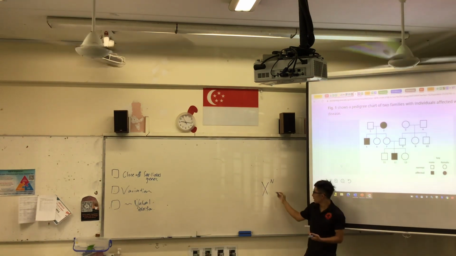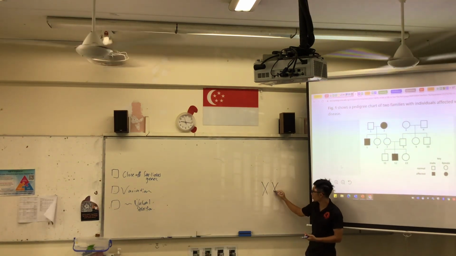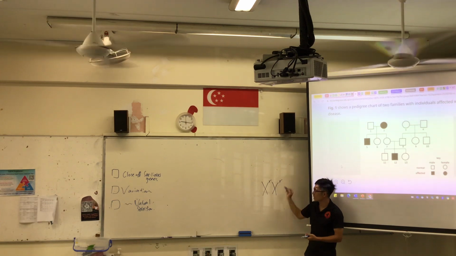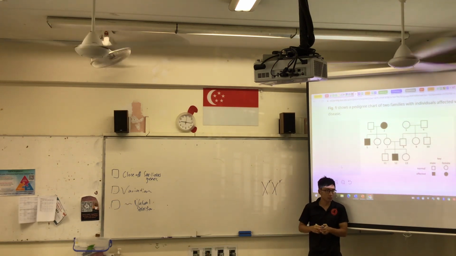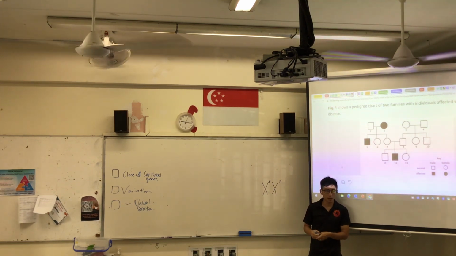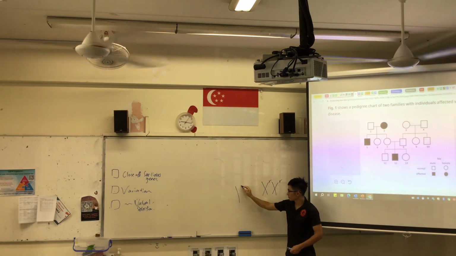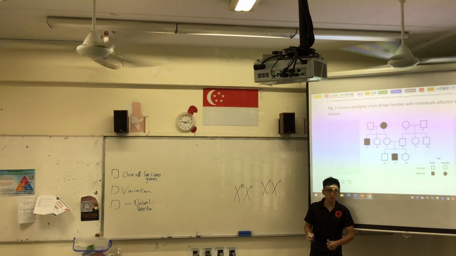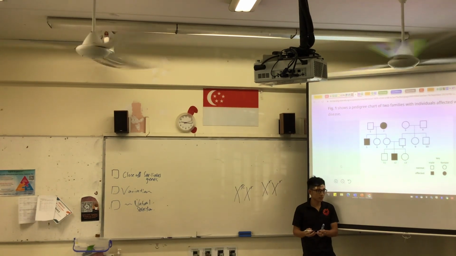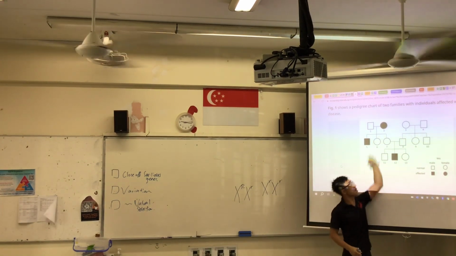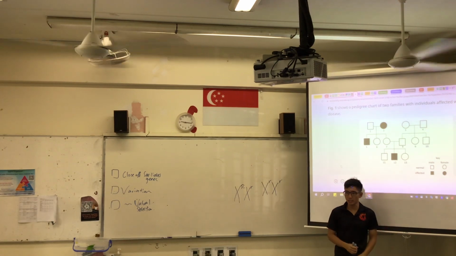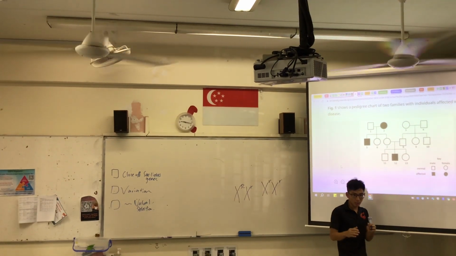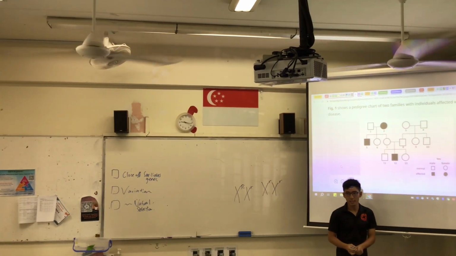For example, if the female has two X chromosomes and both of them have the recessive allele, it is possible for females to have it. It's just that the probability of a female having it is lower because it can be masked. So having a female with the disease is not the clearest sign that it is not sex-linked.